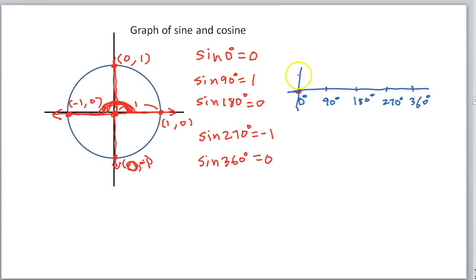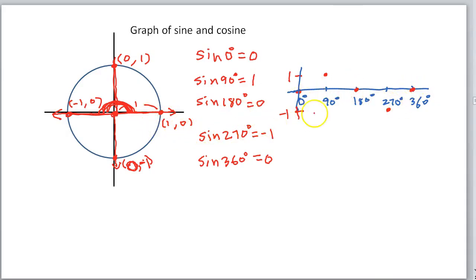Sine of 90 is 1, so if I say this height is 1, 90, 1 is over here. 180, 0, so again 180, 0. 270, -1, so you're back down here. This is -1 here. The height here is -1. 360, 0, so you're here. Okay. So we know that the graph of sine should be connecting these points.